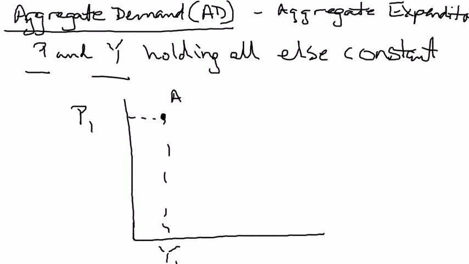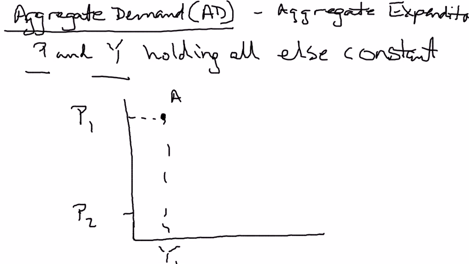Now I want to ask the following question, which is a thought experiment. What if the average price level fell, but everything else remained constant? Okay, so the price level falls to P2. The question is, what's going to happen to real GDP? Now here I have to think about what's going to happen to total spending out there in the economy.